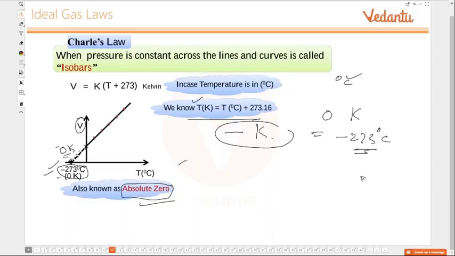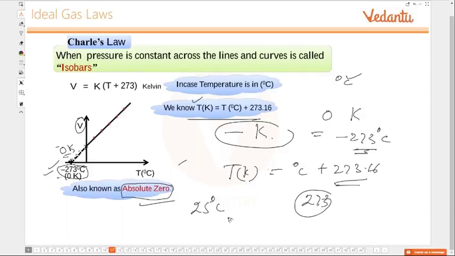So Kelvin scale temperature is equal to any temperature in degrees centigrade plus 273, to be more specific, 273.16. For all practical purposes, we take it as 273. Supposing you want to convert 25 degrees centigrade, just add 273 to this.